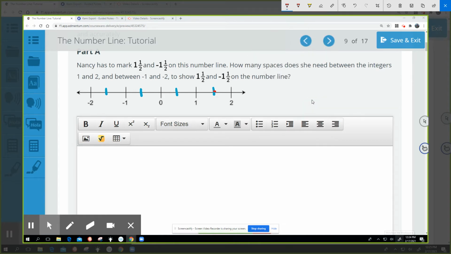So 1.5 is going to be right here, and negative 1.5 is going to be right here. Correct? Yes. So 2 spaces is going to go in this box. Go ahead and type that in and then hit submit.